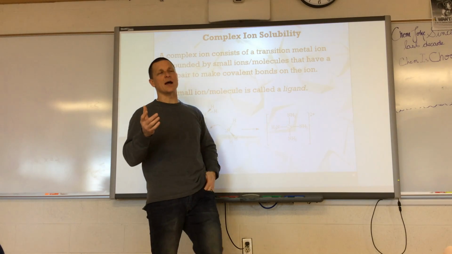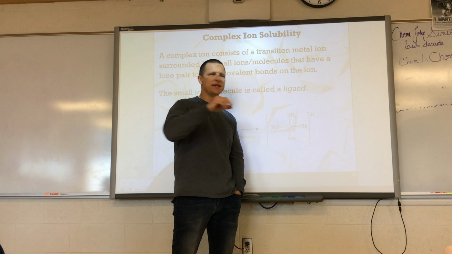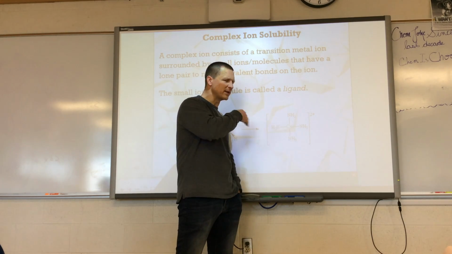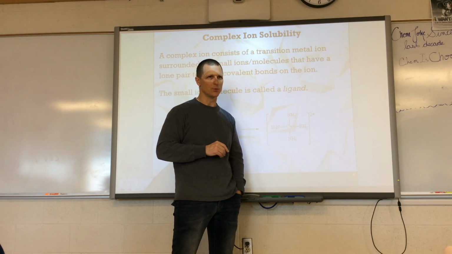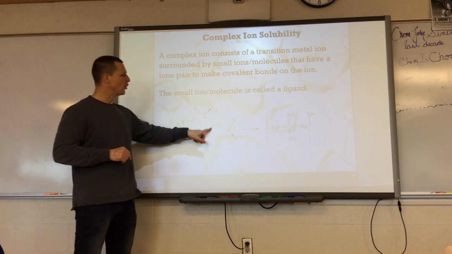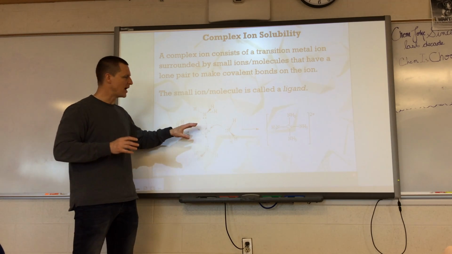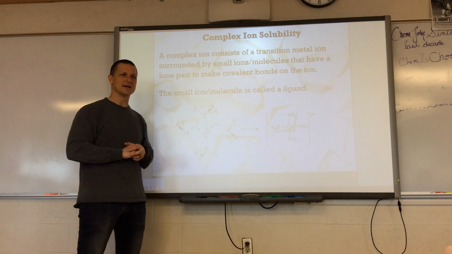I'm going to demonstrate on Monday several things that are insoluble in water, yet we can make them complex ions, and it just dissolves them beautifully. It's pretty neat. Wait till Monday to see that. But that's what complex ions are about. You're going to see that it only happens with transition metals when they're ions, and then some small thing with a lone pair is going to come in and attach to it.